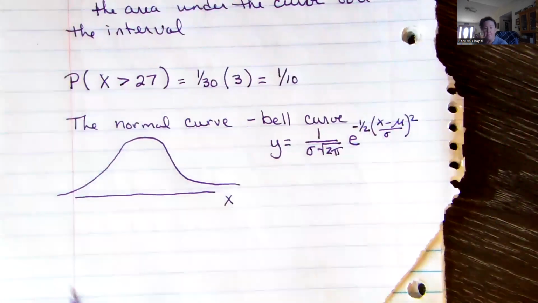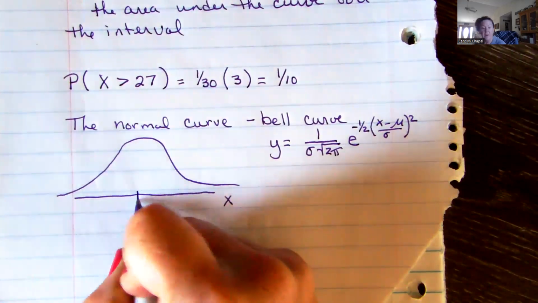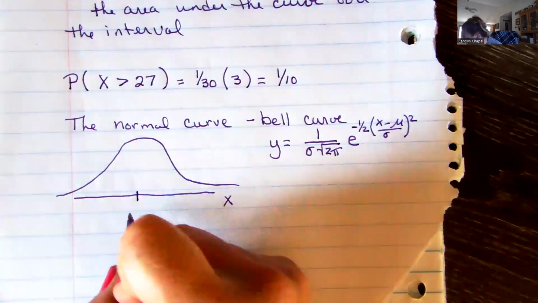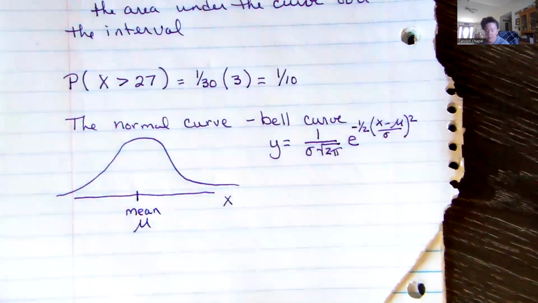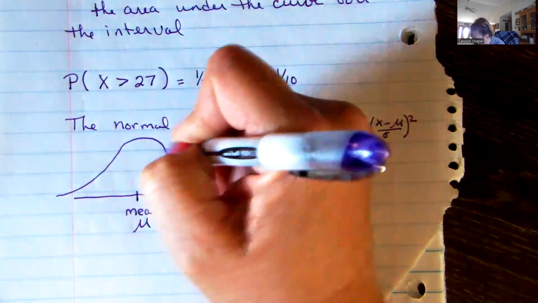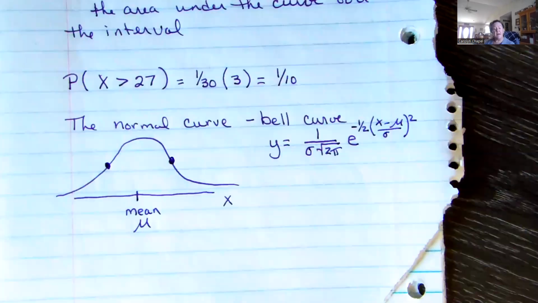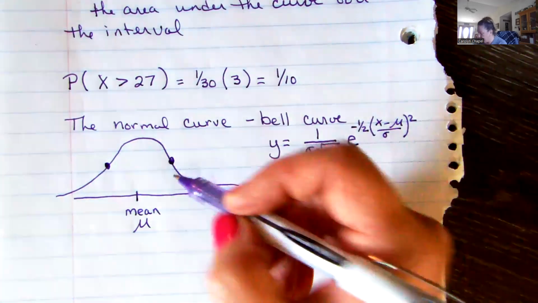Some things to remember: in your normal curve, the center of that normal curve is our mean, or mu. We also have what we call inflection points. An inflection point is a place where the curve turns from being a bowl down to being a bowl up.